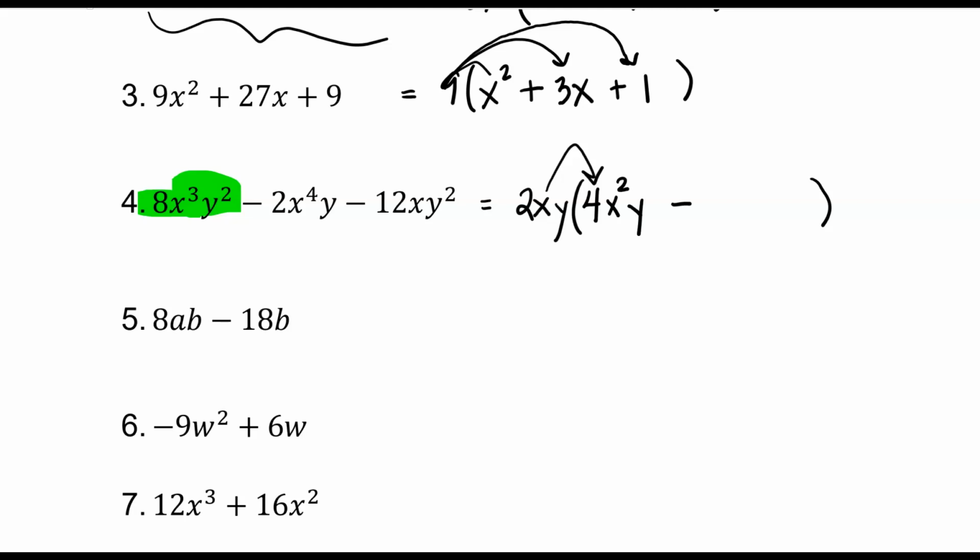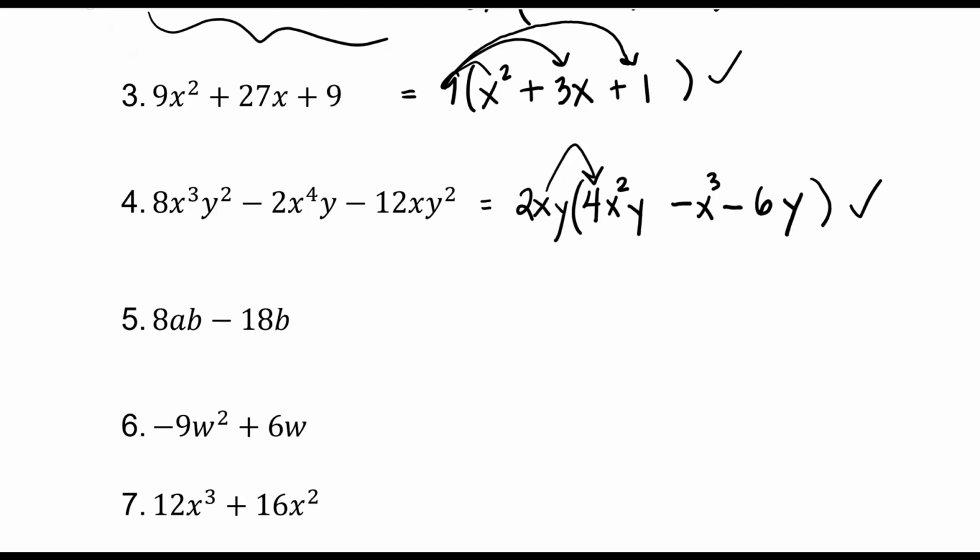Then we go to the middle, minus what? x cubed, because that x cubed and that x will give me that x to the 4th, but I have everything else I need, minus 6 to give me that 12. I already have an x, but I need one more y to multiply times that y to give us that last term. All right, moving on.